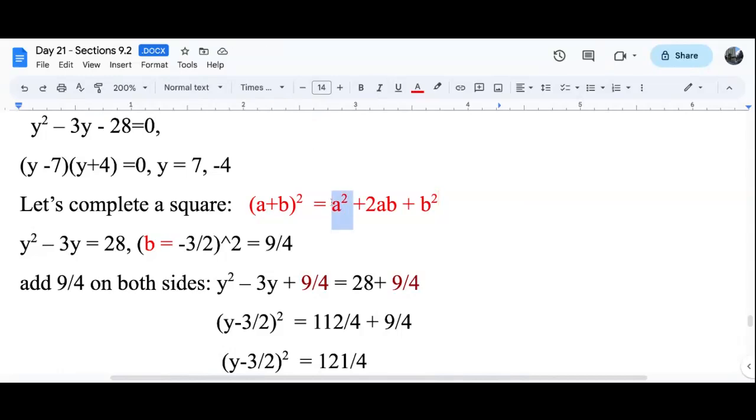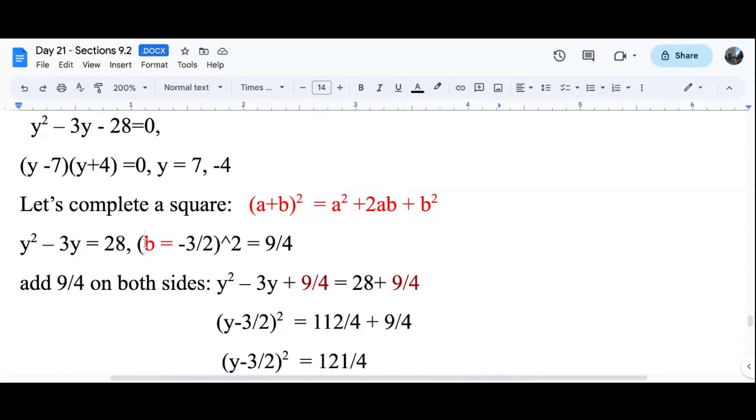You see, we have a squared plus 2ab plus b squared. If we can form it in this form, that's a plus b squared. So here we see we have a squared, right? And then we have a times 2b.